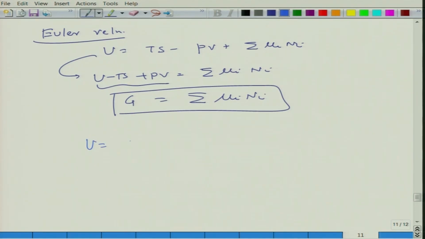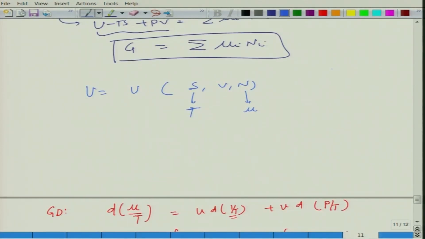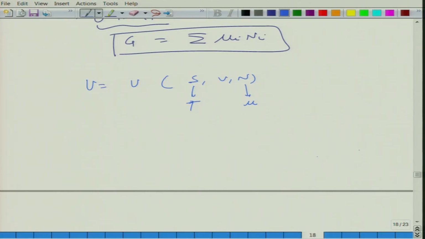Let us do this: consider S, V, n and a corresponding thermodynamic function which is U, and we are considering only single pure systems. If you want to convert S to T, N to mu, as well as V to P, then we need to come up with the derivative of U with respect to S, and let us consider that we are interested only in the pure system.